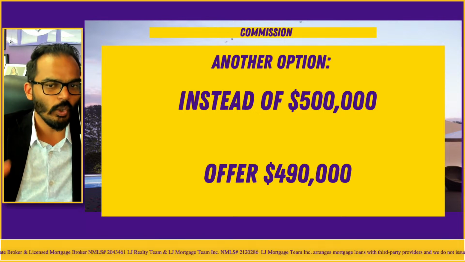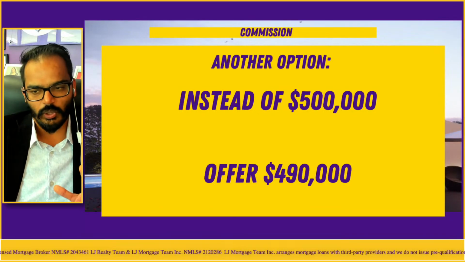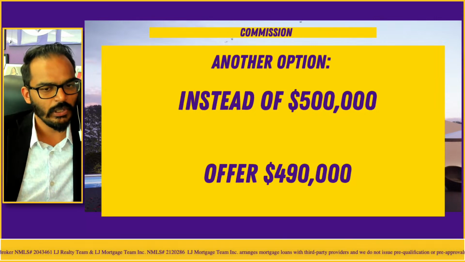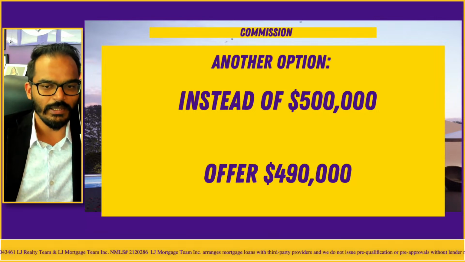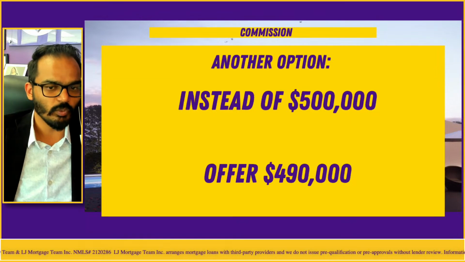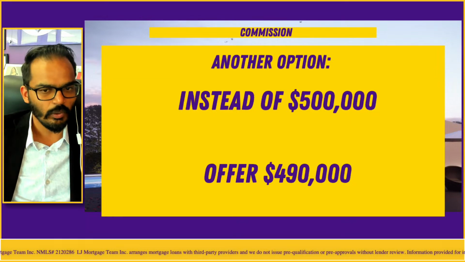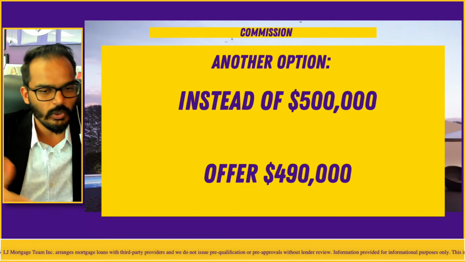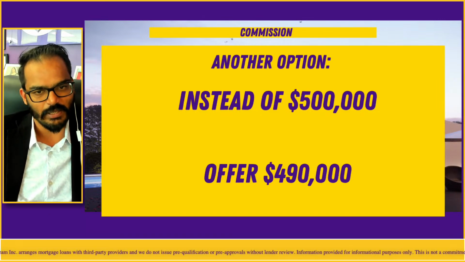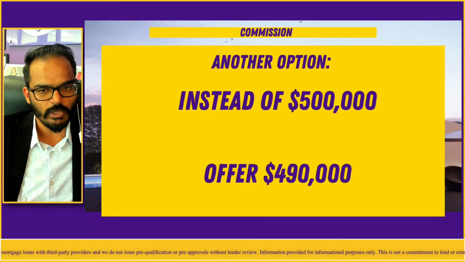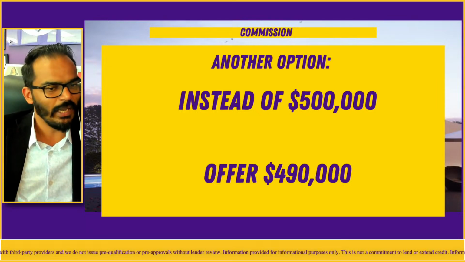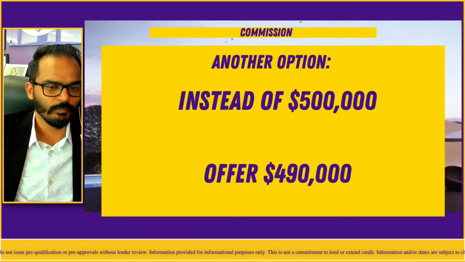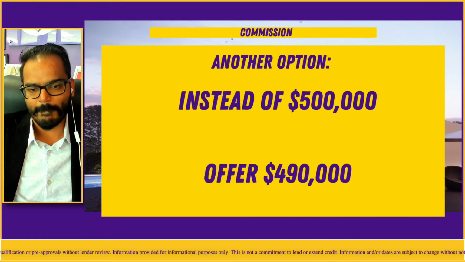And this is the whole concept of NAR making these changes: the sellers do not have to worry about paying both sides now. So the home prices should come down a bit. And this is where you're going to be making that happen with these stats. Instead of offering the original price of $500,000 and saying, hey, the best we can do is $490,000, take it or leave it.